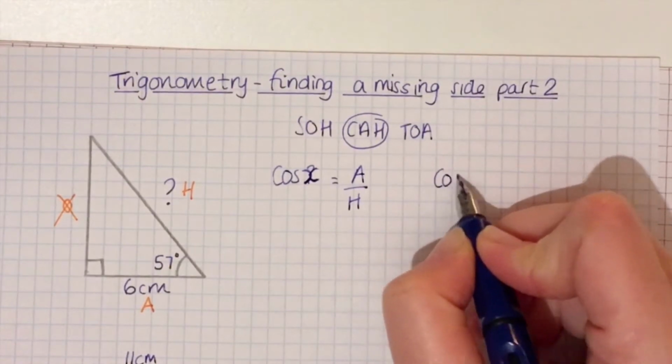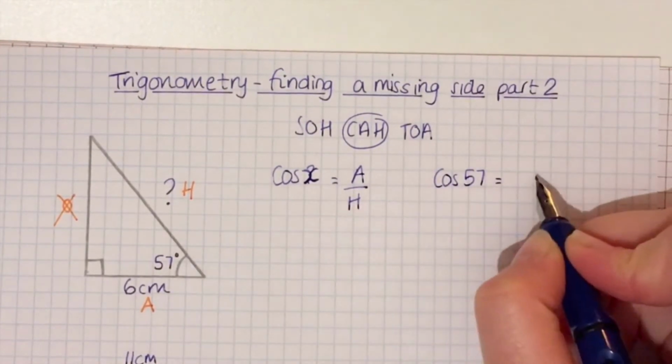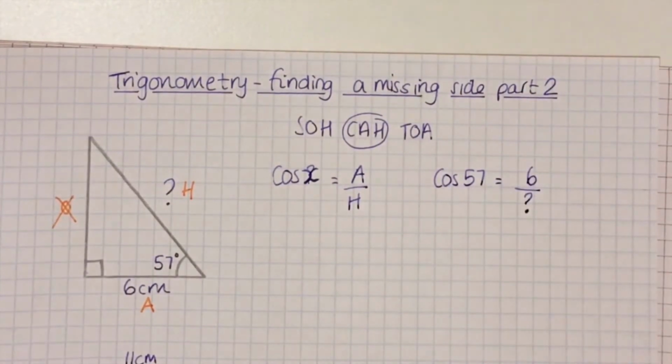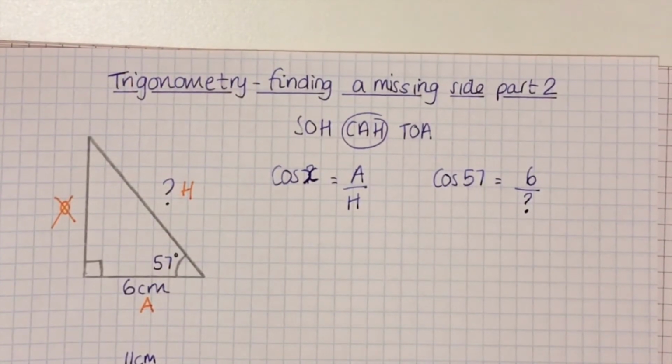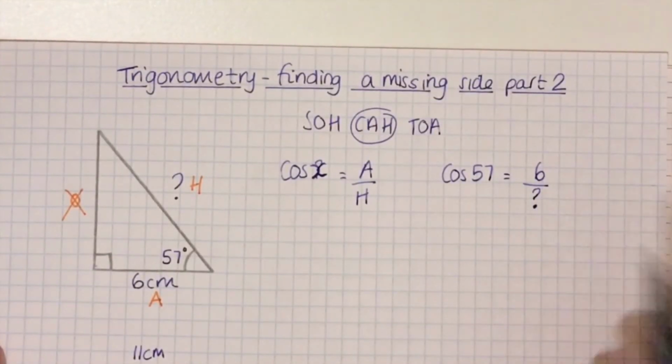So let's write in what we've got. Cos of the angle, and the angle is 57, equals A, which is 6, divided by the question mark, which is what we're working out. If you remember from my video from last time, what we need to do is get this question mark on its own. There were two steps to doing that.